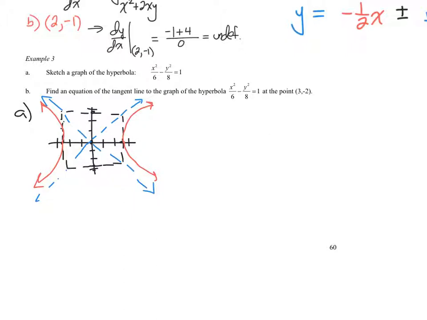If the x term is positive, then it's going to open outwards. If the x term is negative, it's going to open upwards and downwards. If they're both positive or both negative, then it's not a hyperbola, it's an ellipse. So that's generally what it looks like.